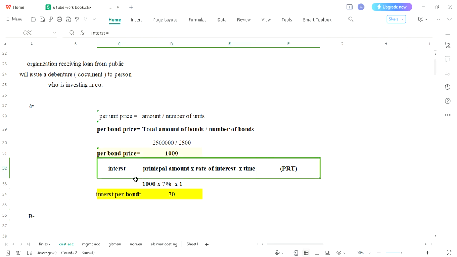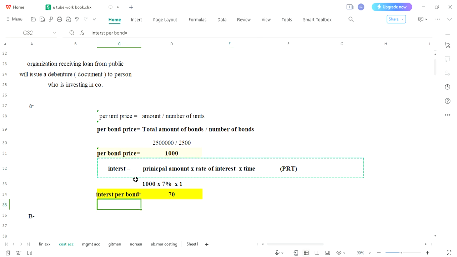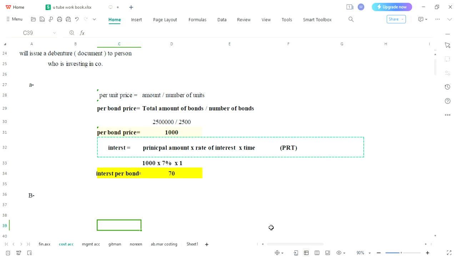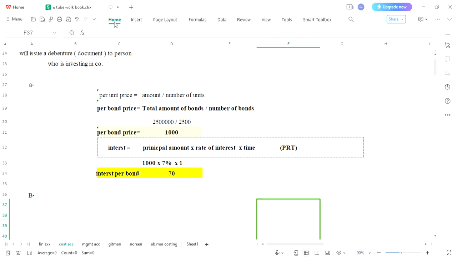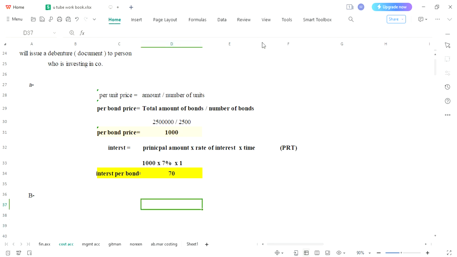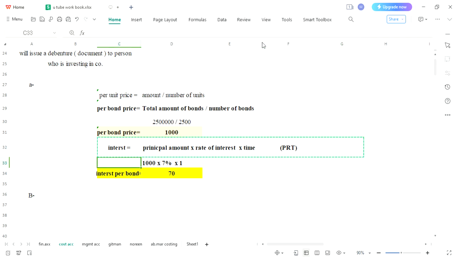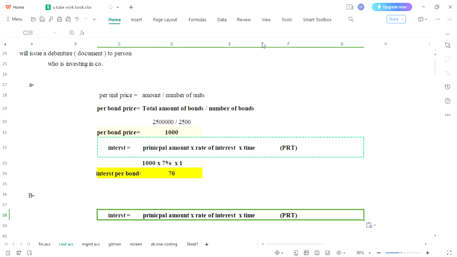where you have calculated interest amount. Now here one cell is disturbing. Let's make it unmerged. I have shared with you, these are live lectures, and whatever you are looking at here will similarly be shared with you.